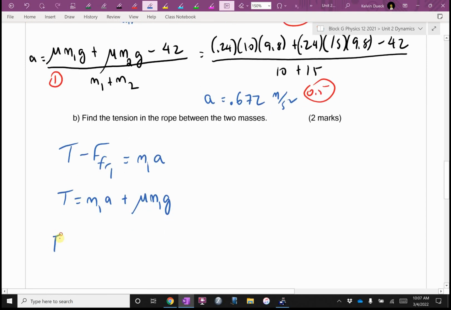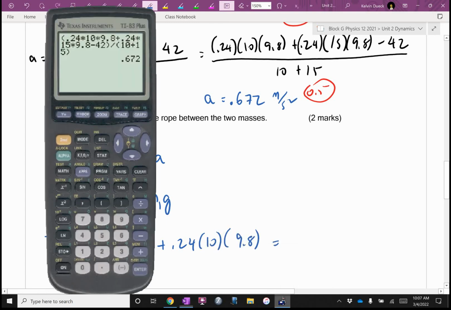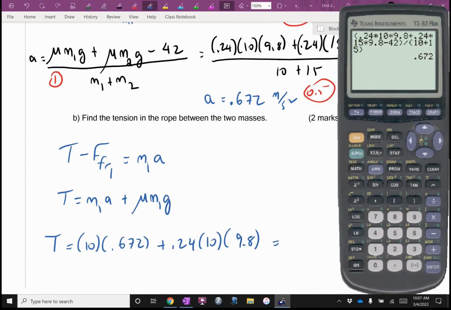Tension equals 10 times 0.672 plus 0.24 times 10 times 9.8. Any typos, Mr. Dewitt? That looks good.